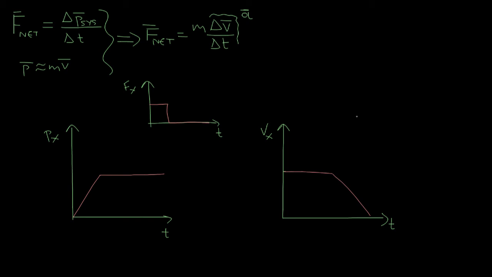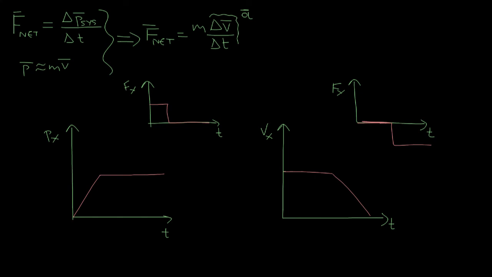So if I want to draw the graph of force as a function of time, then I just need to look at the slope. From this moment to this moment, I have a zero slope, so my force will end up being zero. And then from this moment to this moment, the slope of the velocity graph is negative, so I know that my force will end up being a constant negative number because this is a constant negative slope.